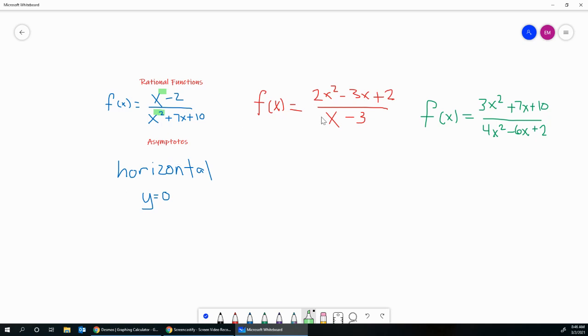In the second case, we have 2x squared minus 3x plus 2, all divided by x minus 3. In this case, the exponent in the numerator is larger than the exponent in the denominator. If this occurs, we have no horizontal asymptote.